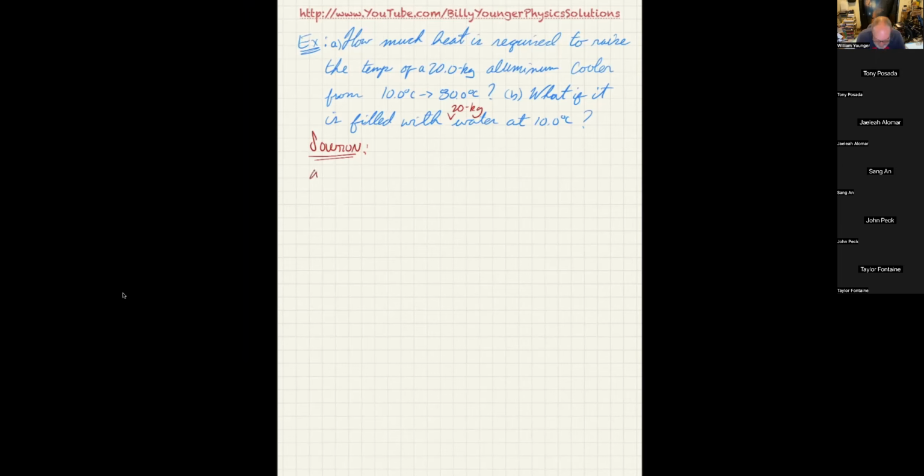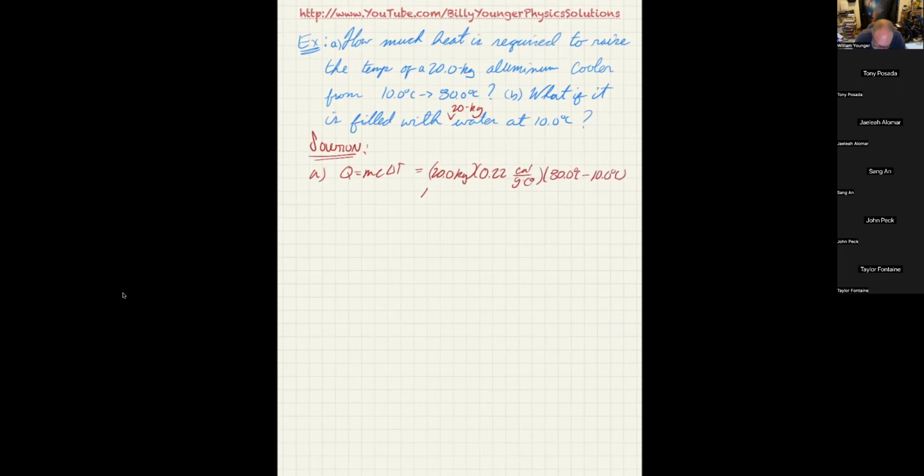So for part A, I'm going to say Q is equal to mc delta T. That, of course, is equal to 20.0 kilograms times the specific heat of aluminum, which we found was 0.22. That should be actually calories per gram Celsius degree. And then it's going to be 80.0 degrees Celsius minus 10.0 degrees Celsius.